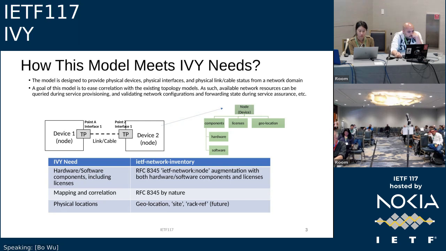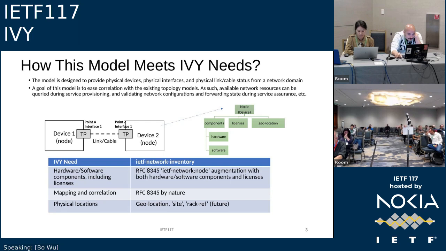Here, nodes represent devices, which could include several lists of inventory items, such as components, hardware, software, licenses, and geolocations. And termination points can represent interfaces. In the table at the bottom, all the items on the left come from the scope of the IVY Charter.